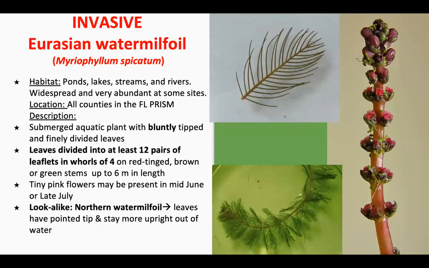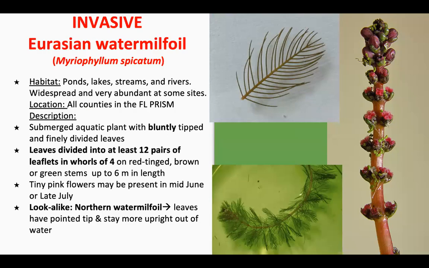So this one is super common. I bet you will see it sometime during the summer or possibly all summer. It is the invasive Eurasian water milfoil. One part of this plant that really gives it away is the leaflet at the top. It looks like somebody maybe just cut it off. It's a pretty blunt end.